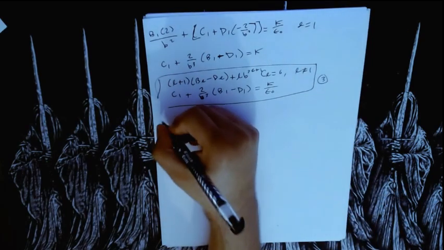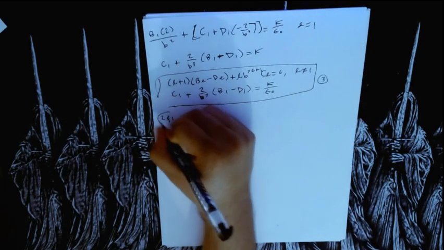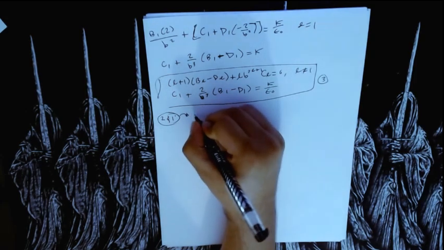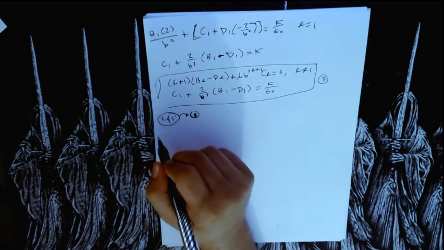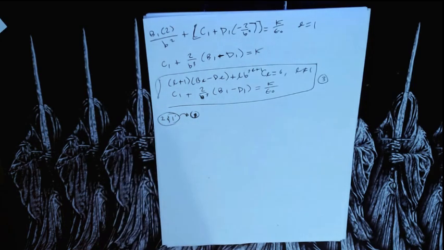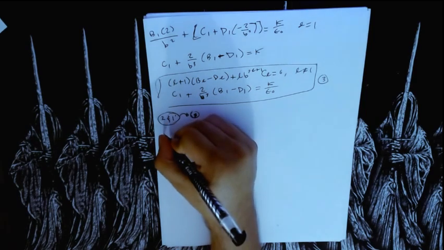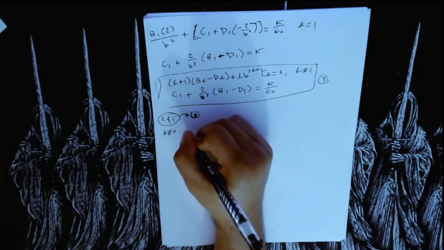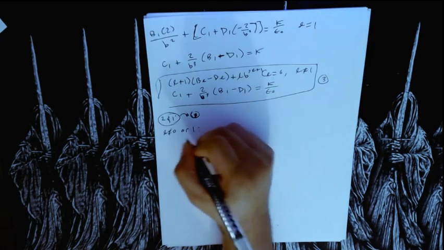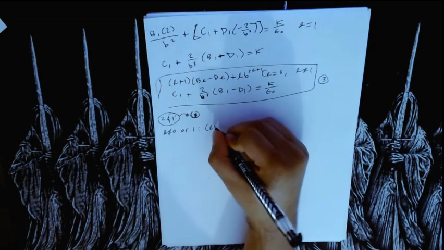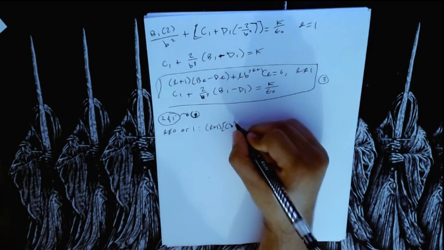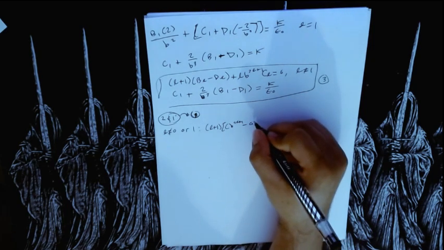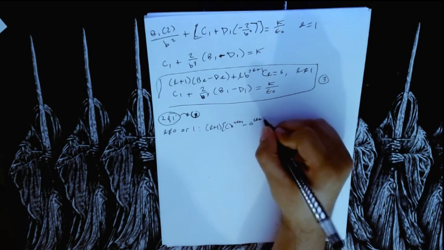So let's work through that. Okay, so 2 and 1 prime into 3. All right. So for the case when L is not equal to 1, we'll have L plus 1 times B to the 2L plus 1 minus A to the 2L plus 1.